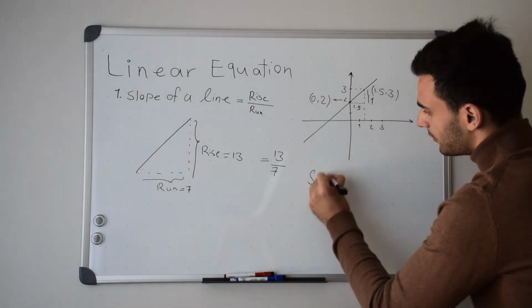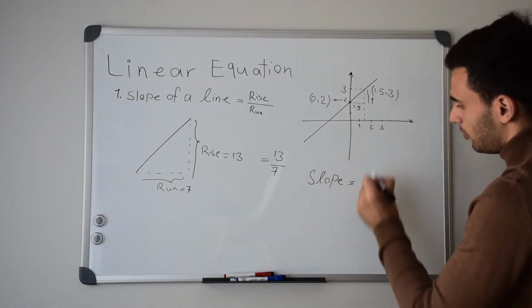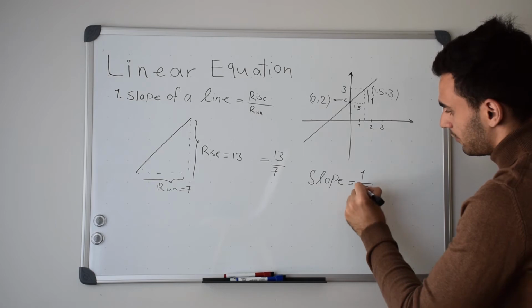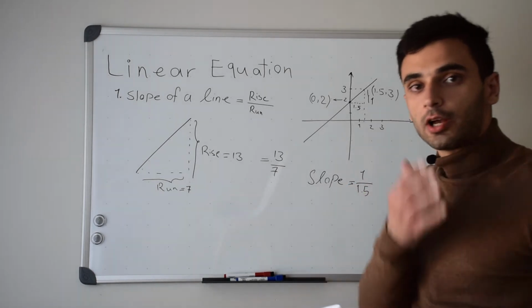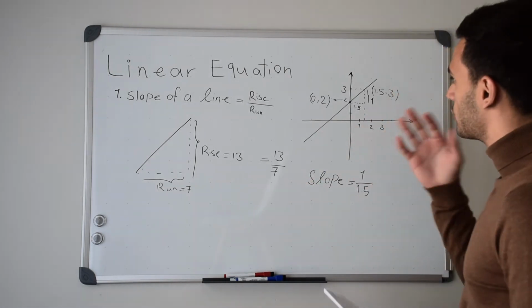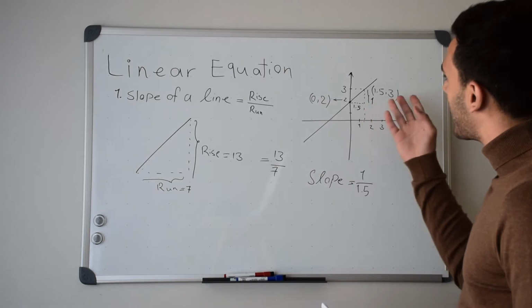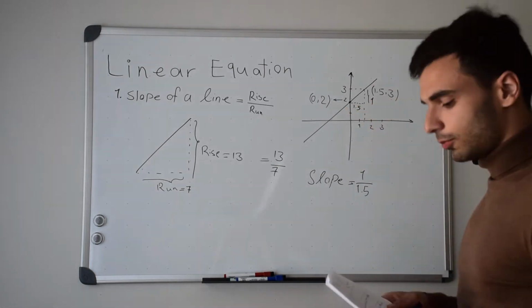So the slope of this line is equal to 1 over 1.5. Right? So that's how you determine the slope of a given line. You find 2 points and you find the x and y coordinates, and then you can have the slope of the line.